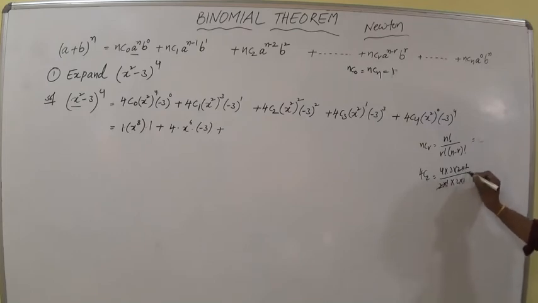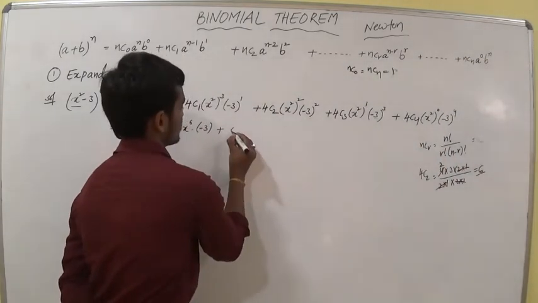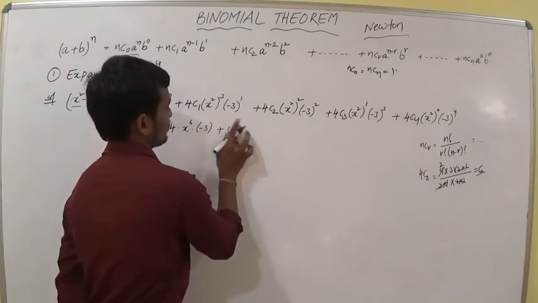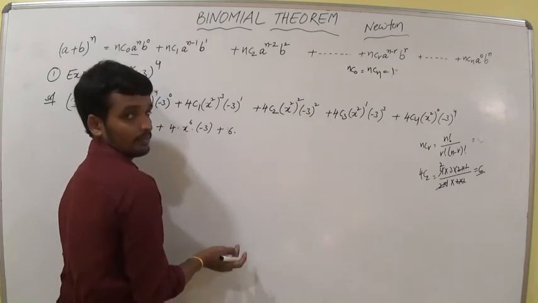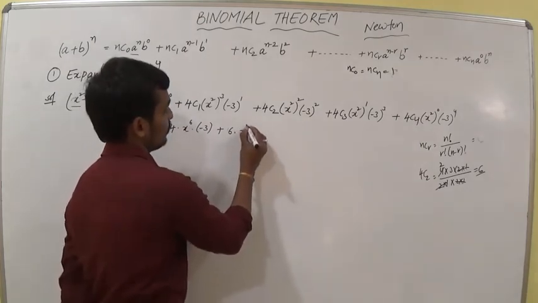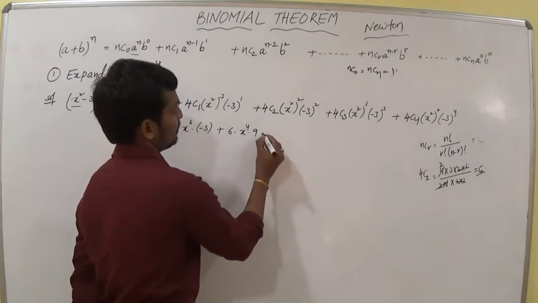These 2 into 1, these 2 into 1 cancel. 2 times 2 3s are 6 is the answer. Now write here, 4C2 is 6. 6 into (x square) whole square, x to the power of 4, minus 3 square is 9, plus.